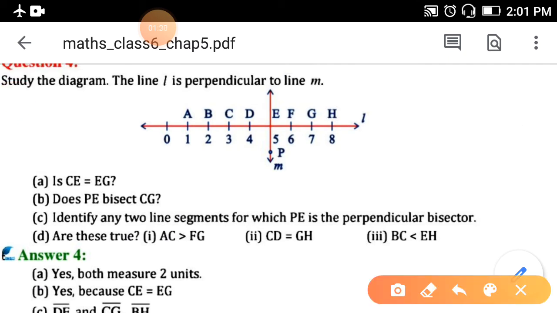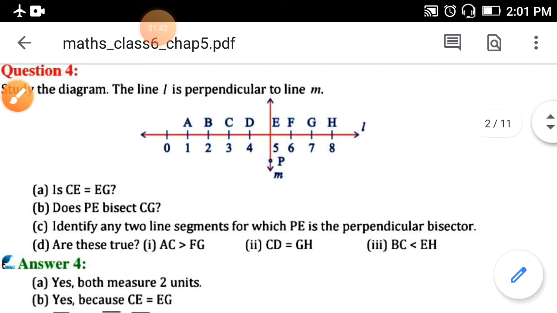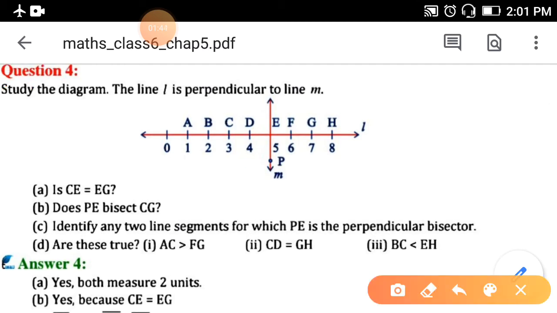B: Does PE bisect CG? Here it is P and E. Now what is the meaning of bisect? Bisector: if a perpendicular line divides another line into 2 equal parts, then that is a bisector.